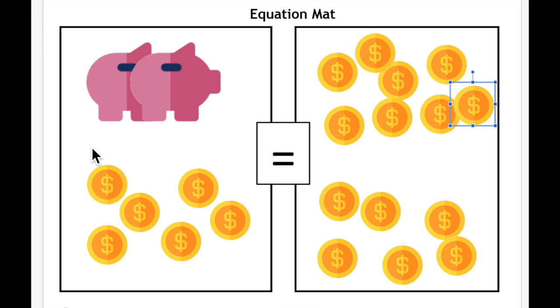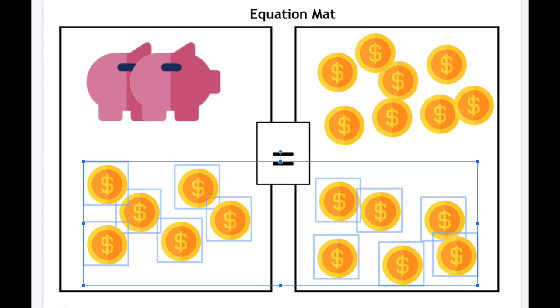And I'm going to now get rid of these coins. So all I have to work with is the piggies. Remember, we just want to know what's in one little piggy. So I don't need all these extras. And I get rid of 6 here. And to keep it balanced, I get rid of 6 there. And they're gone.